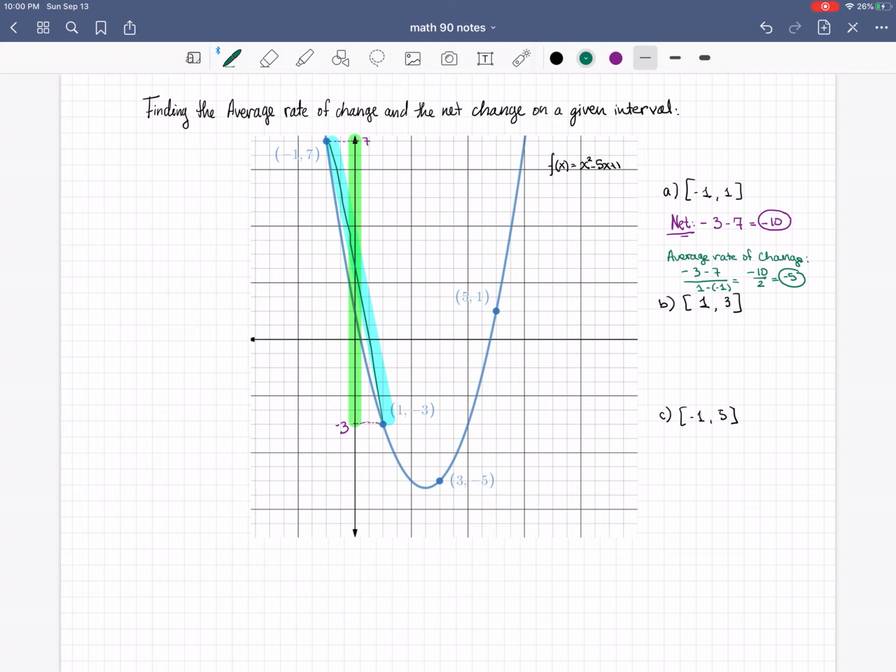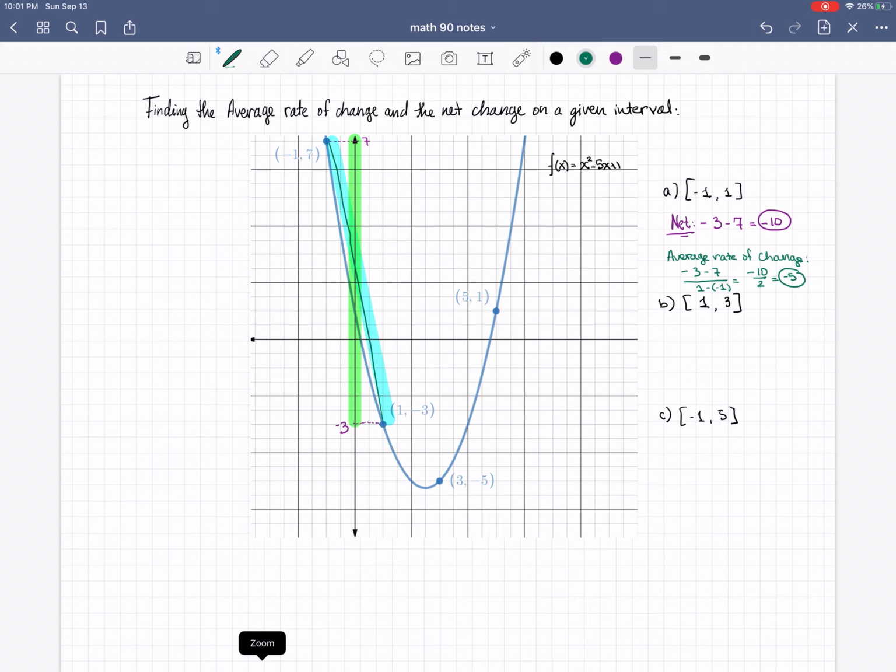How long did it take to fall that far? Well, it started at 7 when x was negative 1, and it fell down to negative 3 by the time x changed to 1. So x moved 2 over, right, from negative 1 to 1. That's 2 steps, and y fell 10 units. So there's 10 negative units of change in the y direction for 2 units of change in the x direction, okay? So that's the first example.